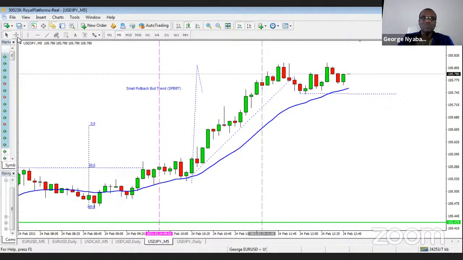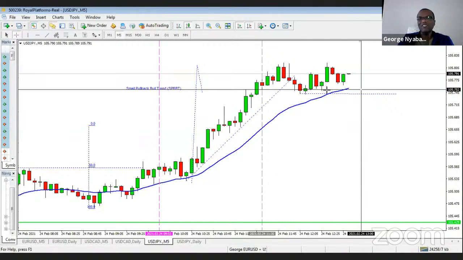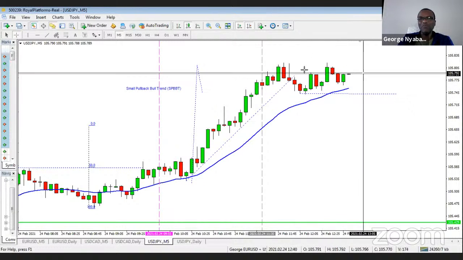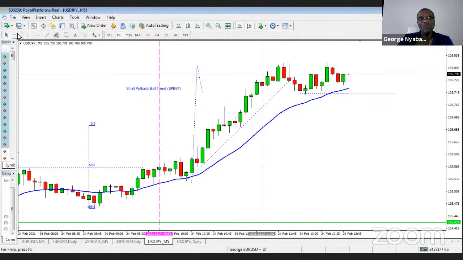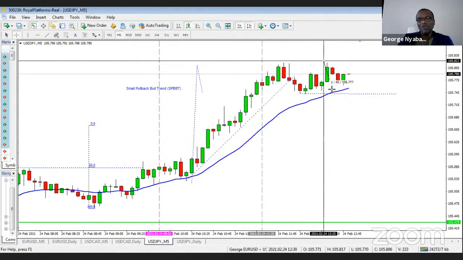Now, when I say 10 pip stop, let's say we're taking a trade here and we're happy with our range, our 10 pip stop is kind of down here, which then says if market moves all the way down to my stop and it turns, I'm in my 20 pip range, because I'm expecting that a 20 pip range is a decent range for price action to move, to create movements within. So you're not going to get stopped out unnecessarily.